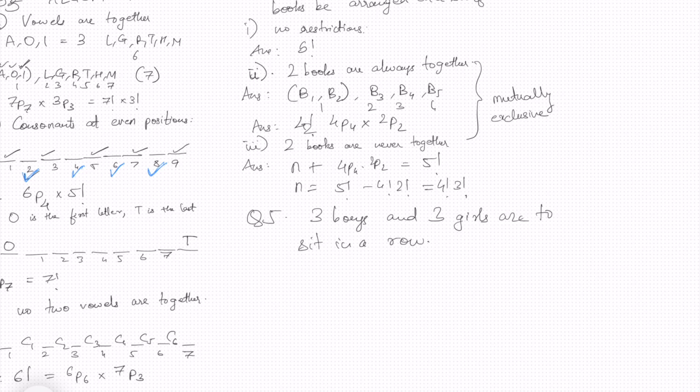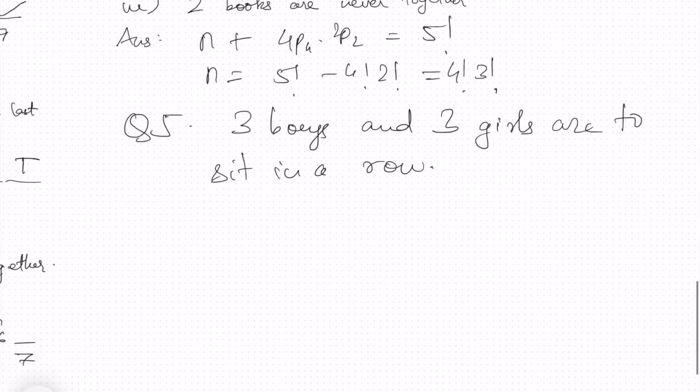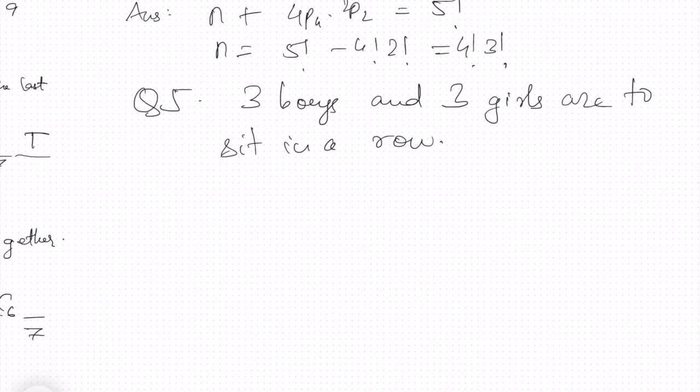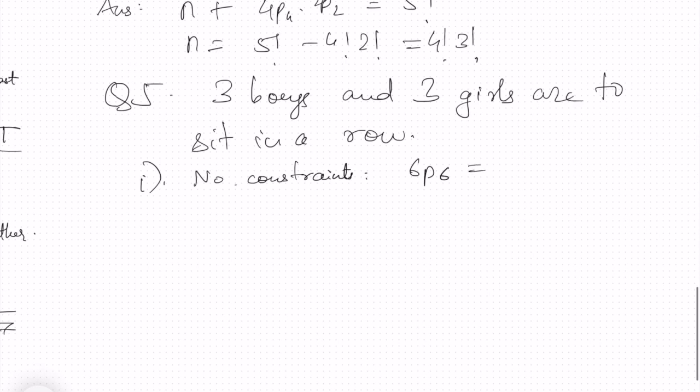So basically find the number of ways we can arrange them to sit together. If there are no restrictions, no constraints, you know the answer already, 6p6, because a total of 6 people, 6 factorial.